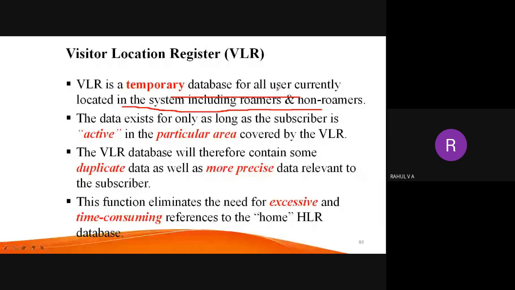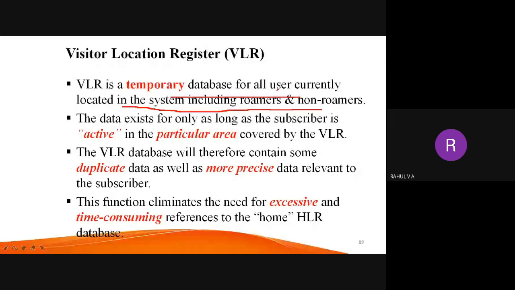Okay, so if the visitor location register is not there, the MSCs need to access the HLR for all necessary data when there is a call, when there is data usage, everything. That will reduce the speed of the entire GSM system.